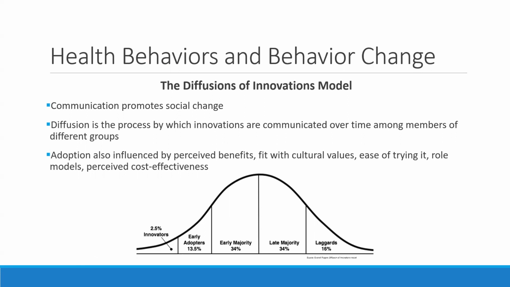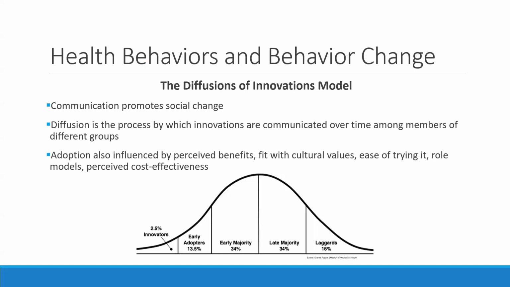It basically proposes that any innovation, in terms of how it diffuses across the population, follows this bell curve: 2.5% of the population are innovators, the first to do it, then early adopters, the early majority, the late majority, and the laggards.